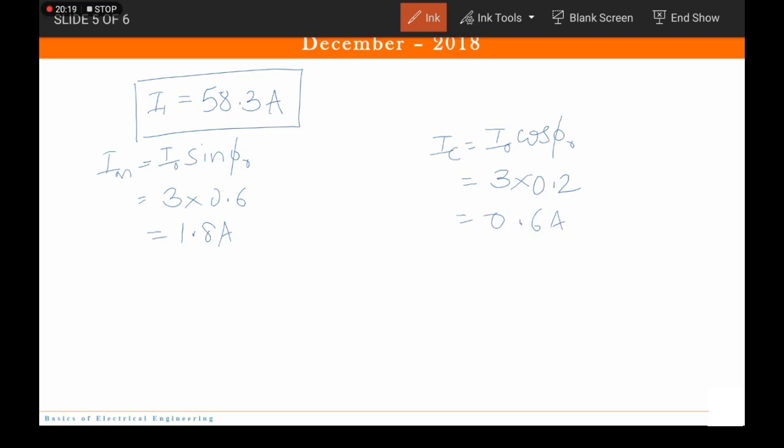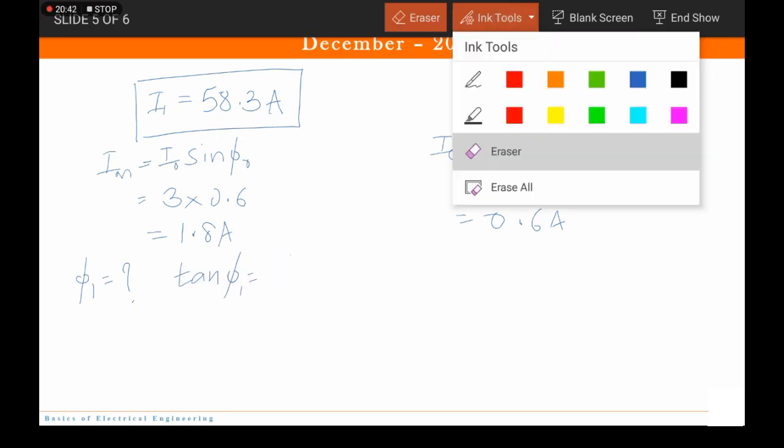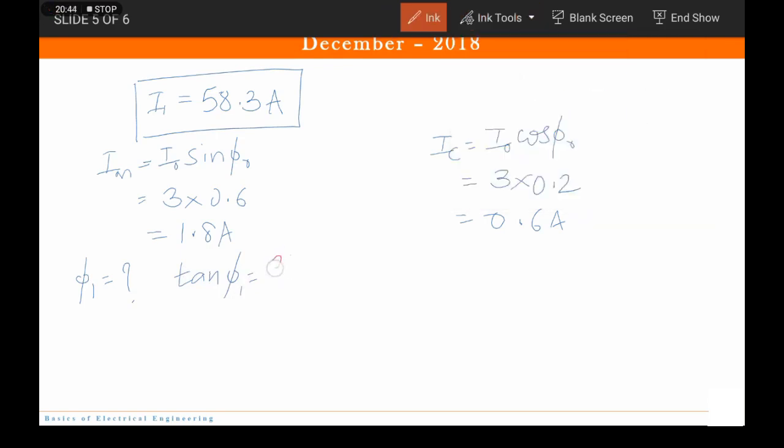Now how will I calculate phi 1? The resultant current has been found. Now how to calculate the phase shift? The phase shift can be found by calculating tan phi 1, which is the vertical component upon the horizontal component. That becomes 36.54 upon 45.4, which comes out to be 0.805.